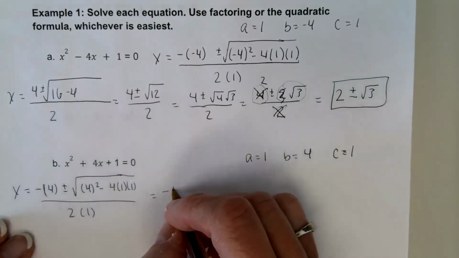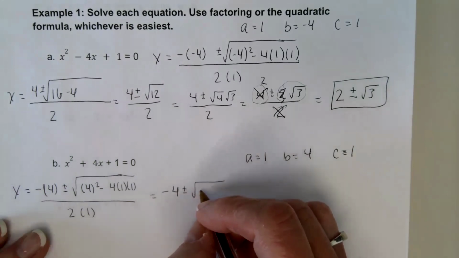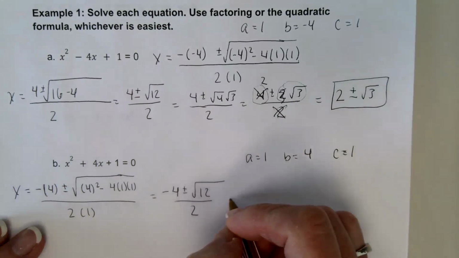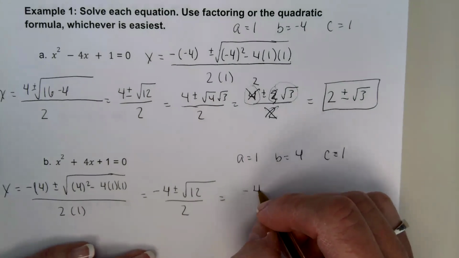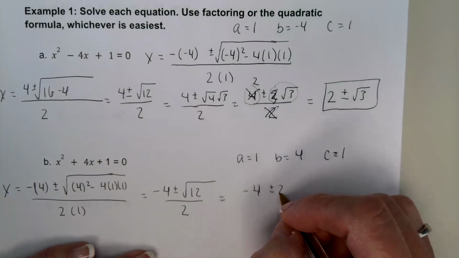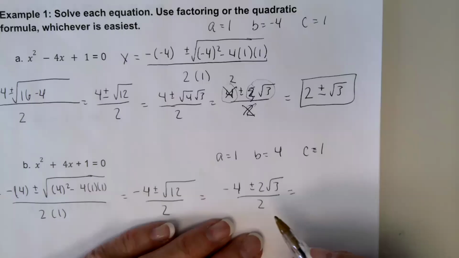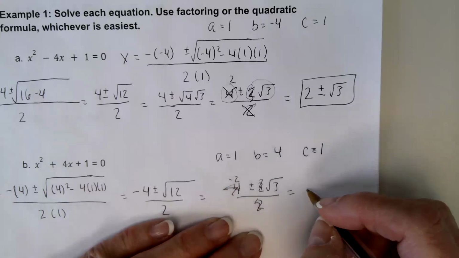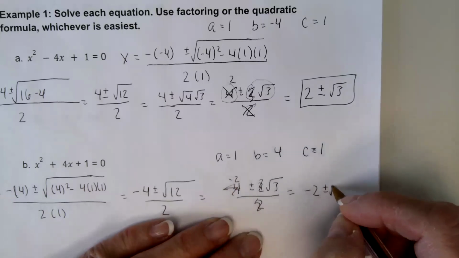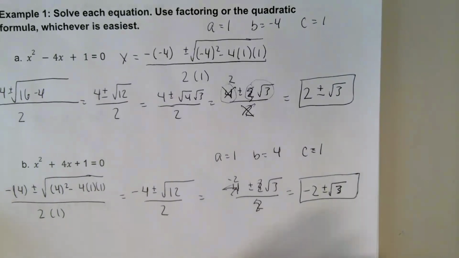So this is a negative 4 plus or minus the square root of 16 minus 4 is 12 again, over 2. And so this time it's just a negative 4 plus or minus 2 times the square root of 3, all over 2. And the only difference here is the 2's still cancel, but I'm left with a negative 2. So the answer is a negative 2 plus or minus the square root of 3. So I still result in 2 answers.